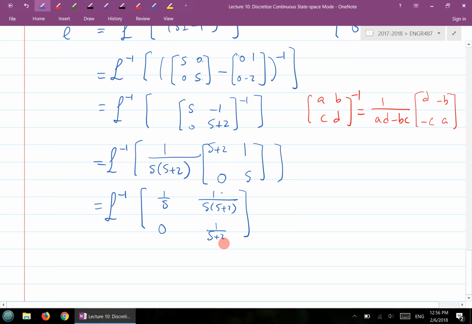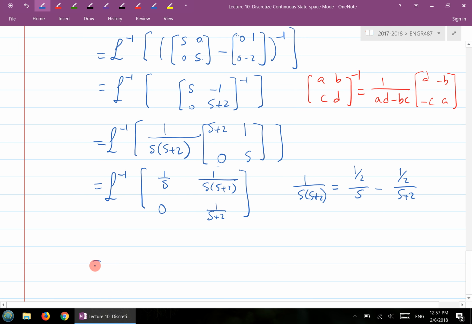And for this one here, I think the table probably also has something like this, but if you're not too sure, you can always do a partial fraction expansion for this term here. So you're going to end up with this partial fraction expansion. Then the inverse Laplace transform here is still very simple, right? Okay, so then we get the results now.